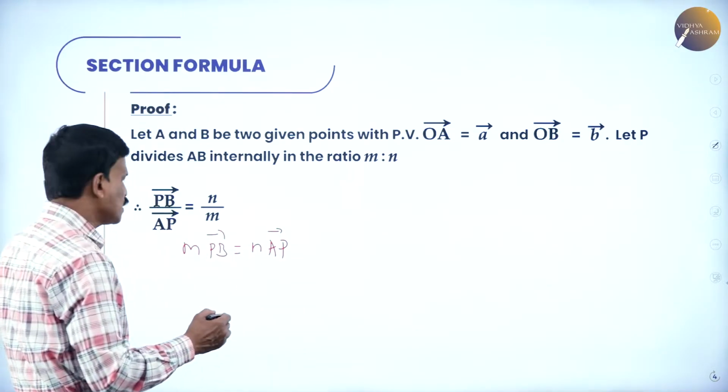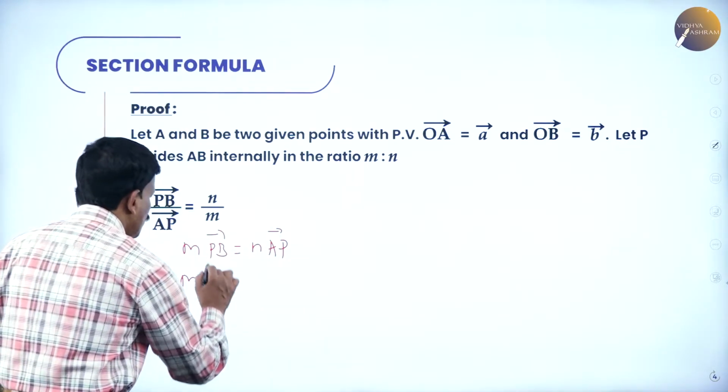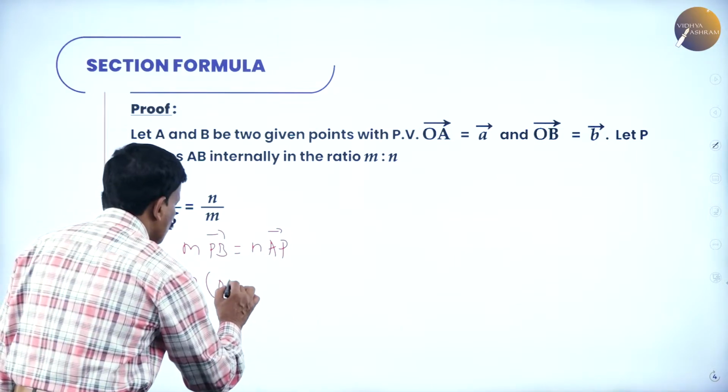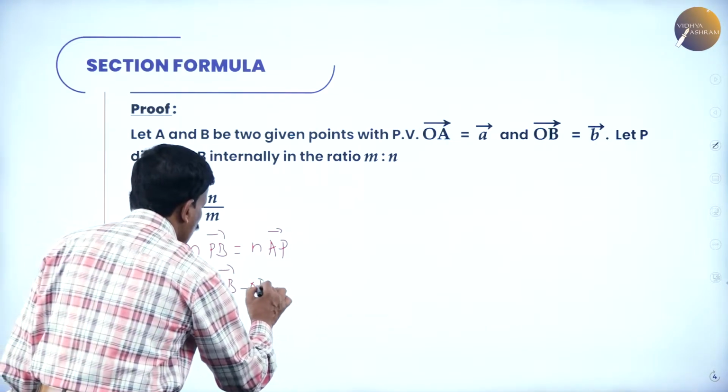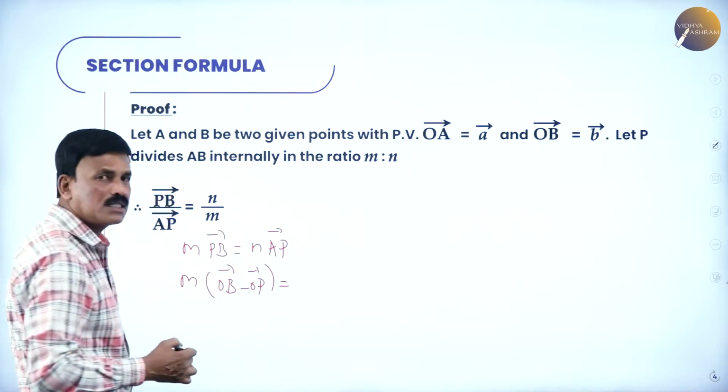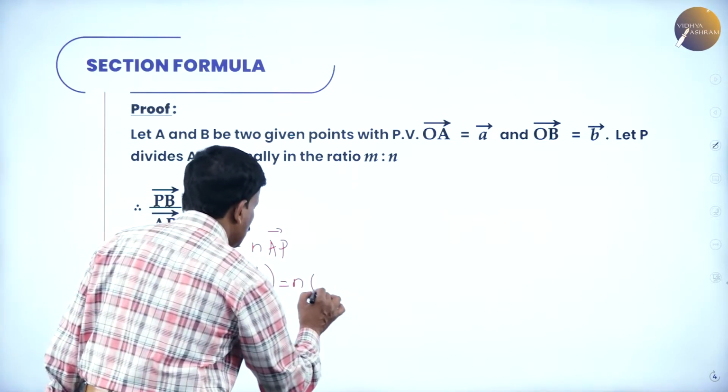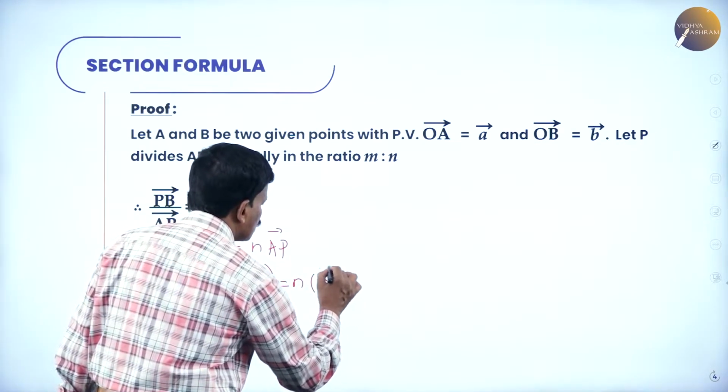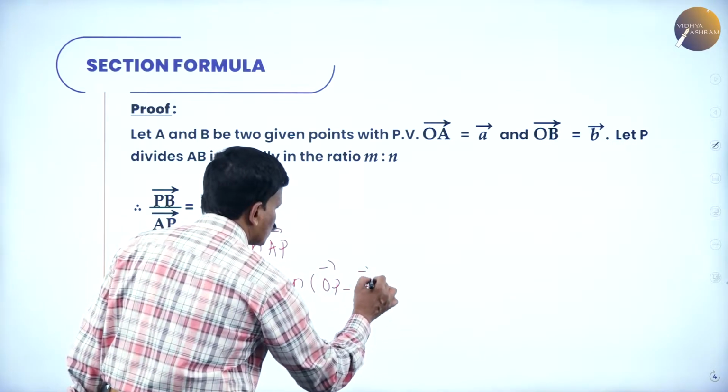Now m into vector PB can be written as vector OB minus OP, second vector minus first vector, is equal to n into AP, which can be written as vector OP minus vector OA.